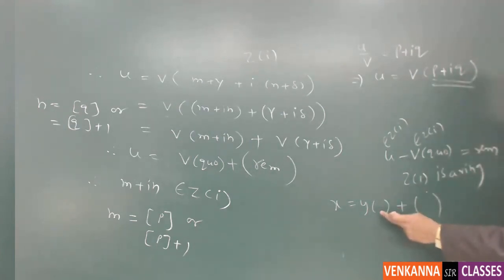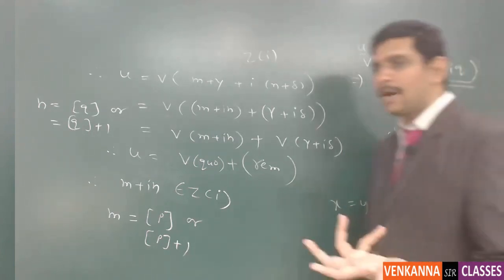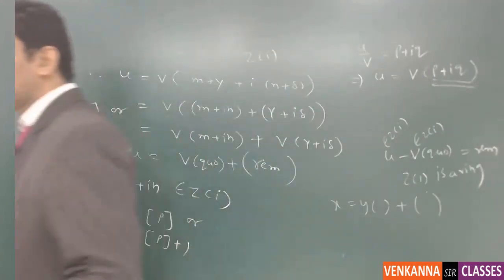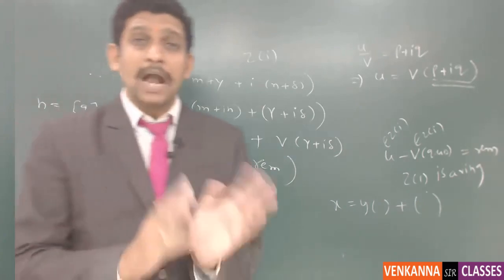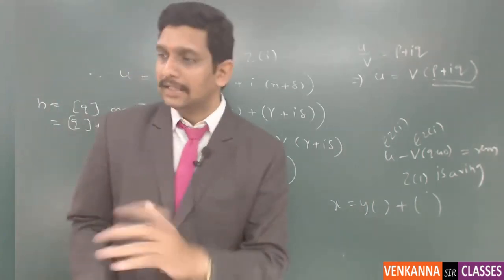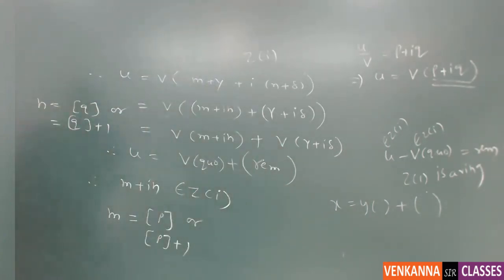This must be an element in Z of i, and this is also an element in Z of i. So if the coefficients in this part are not integers, it cannot belong to Z of i, isn't it? So if you write P is equal to m plus gamma, Q is equal to n plus delta, gamma and delta are nothing but the integers there. That is the underlying idea there. Are you clear now?